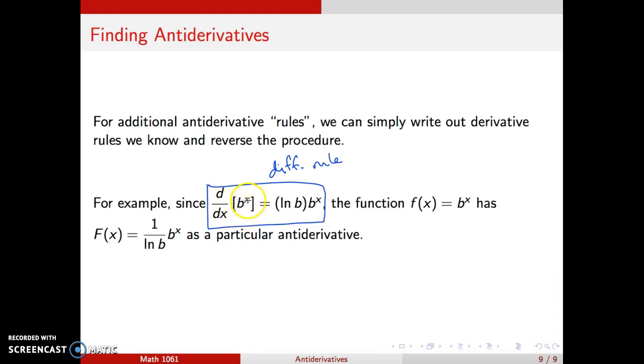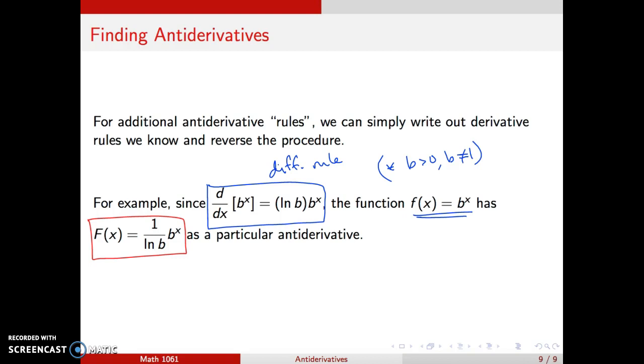Since the derivative of b to the x is natural log of b times b to the x, where b is positive and b is not 1, then this function has capital F of x being 1 over natural log of b times b to the x as a particular antiderivative.